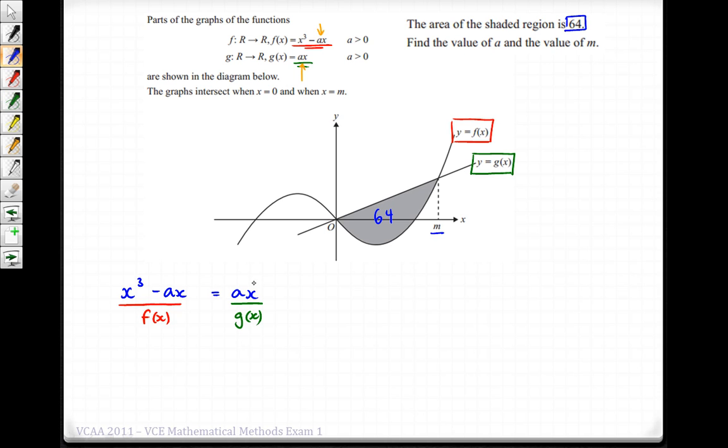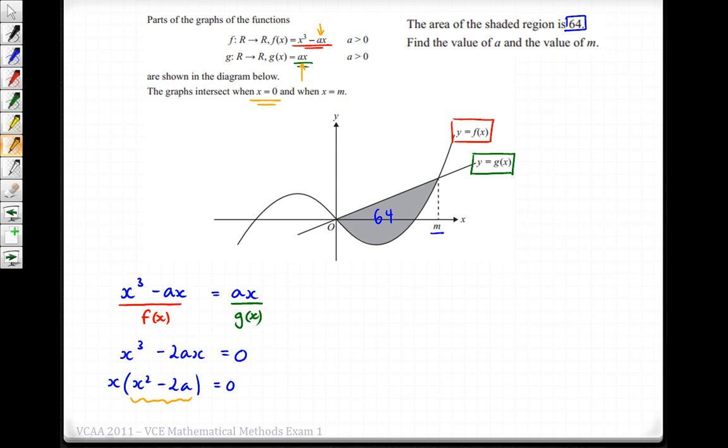If I now subtract ax from both sides, I get x cubed minus 2ax equals 0. Now if I pull that x out the front, I'll get x squared minus 2a equals 0. So the null factor law says that x equals 0, or this little bit in here equals 0. We've already been told that x equals 0 happens and that a is greater than 0.